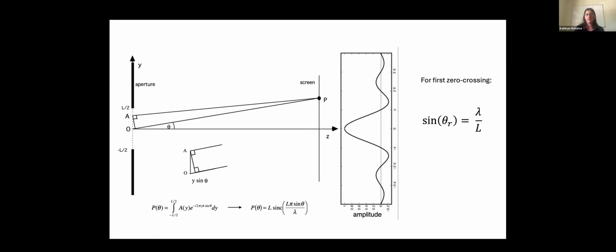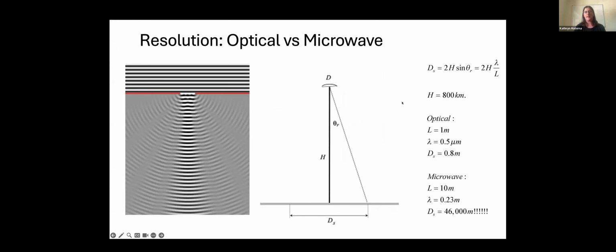Let's apply this a little bit. If we're working in the optical wavelengths, and let's say you have a satellite up in space, and the length of the antenna, or the length of the aperture in this single slit diffraction experiment, or L, all of these are used interchangeably, let's say it's 1 meter. In optical, the wavelength is 500 nanometers, for example, in the middle of the visible spectrum.